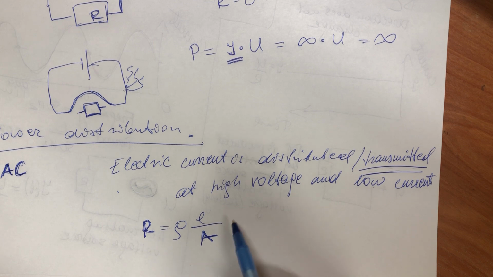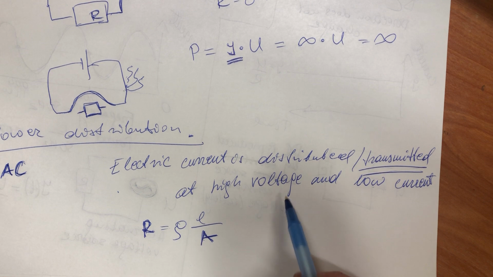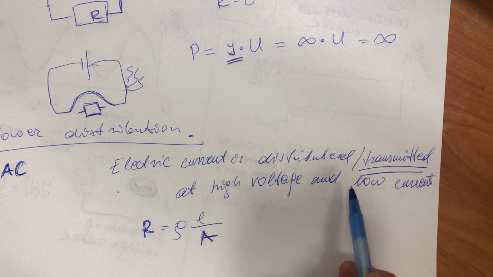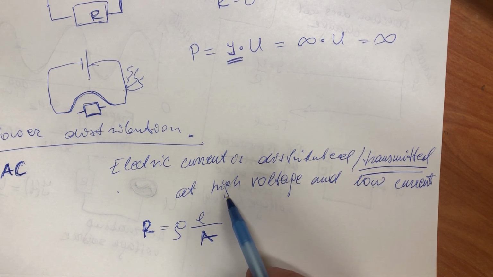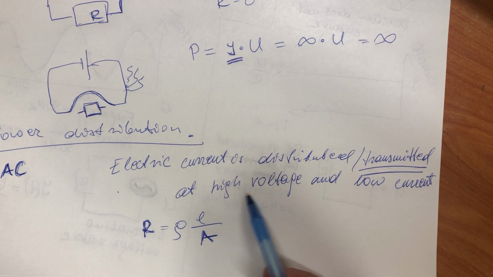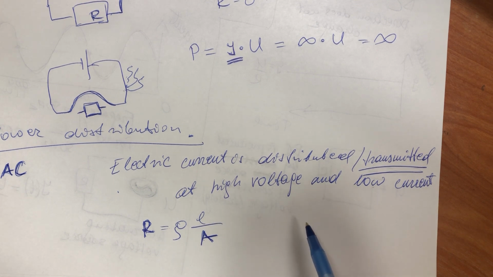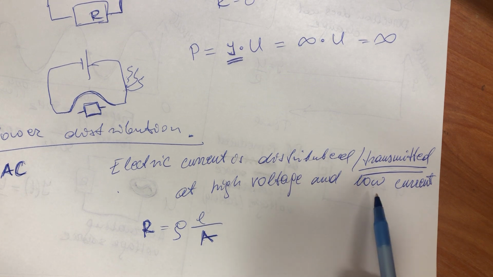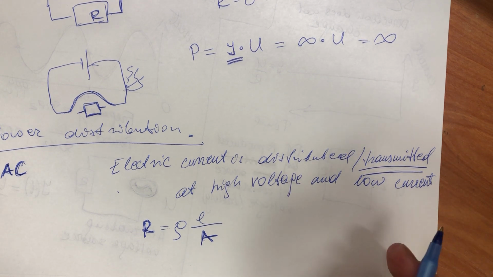And to make thick wires is not cost effective. So in order to avoid these losses of heat and money, power is distributed at high voltage and low current. If it was the reversed case, then wires would need to be thick, and that is not effective.